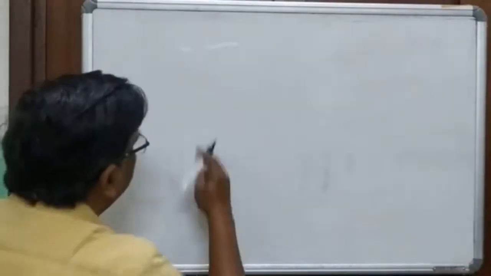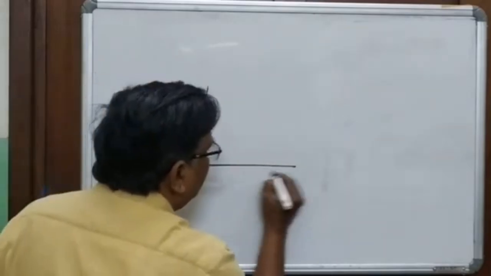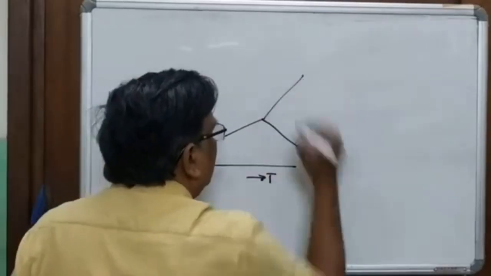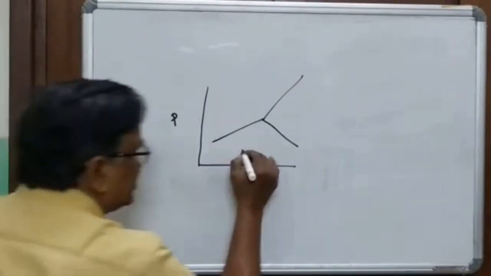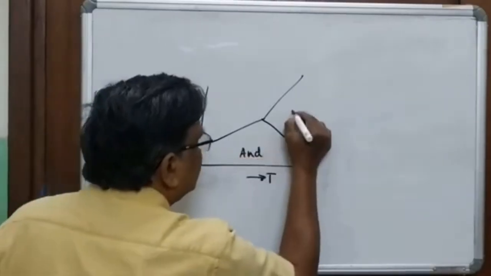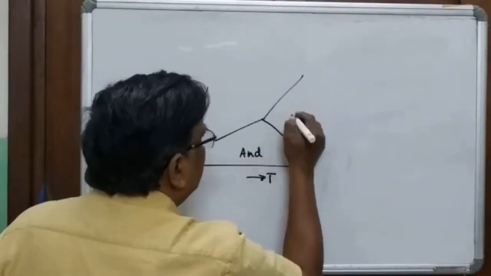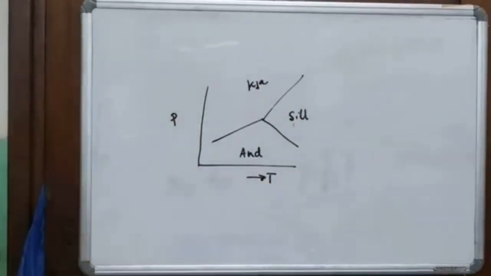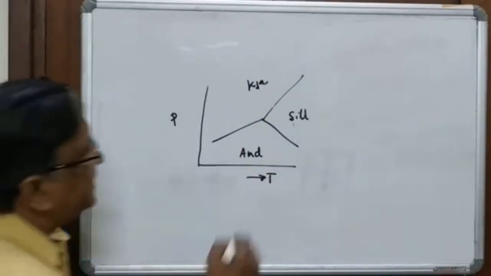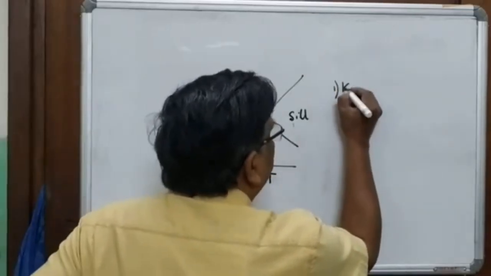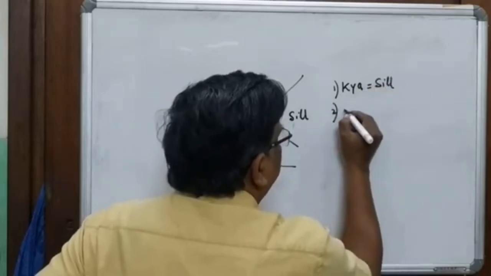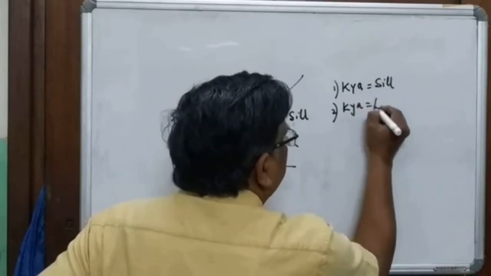When we were talking of this one, and this is andalusite, this is sillimanite, and this is kyanite. And we know, and you all know, that there are 3 reactions. 1, kyanite is equal to sillimanite. And then kyanite is equal to andalusite.